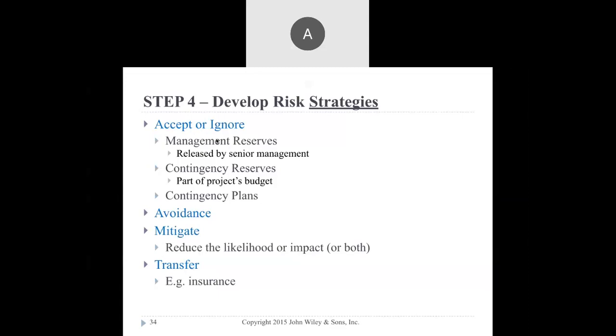Alright, so besides the strategies we just covered, we also have other strategies where we either accept or ignore. Accept or ignore means management reserve. Management reserve means you ignore it, set it aside for now, you reserve it. Okay, contingency reserve, backup plan.